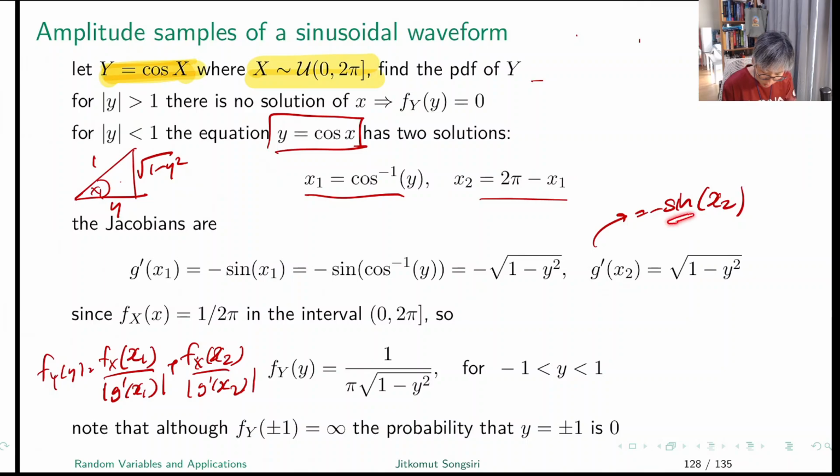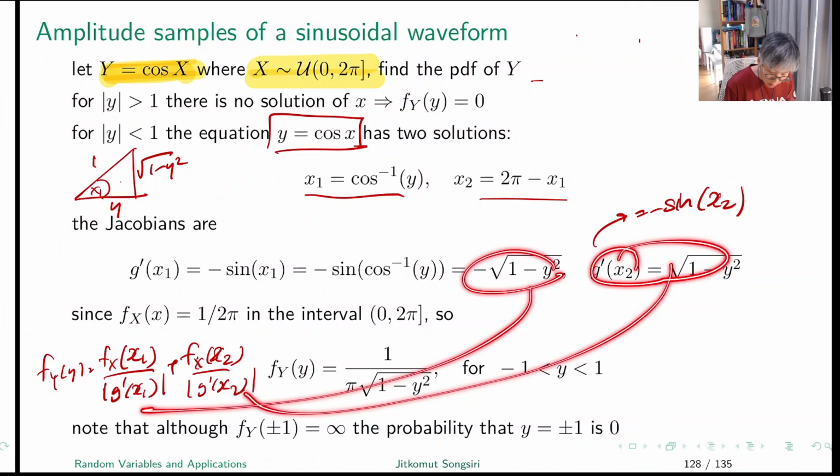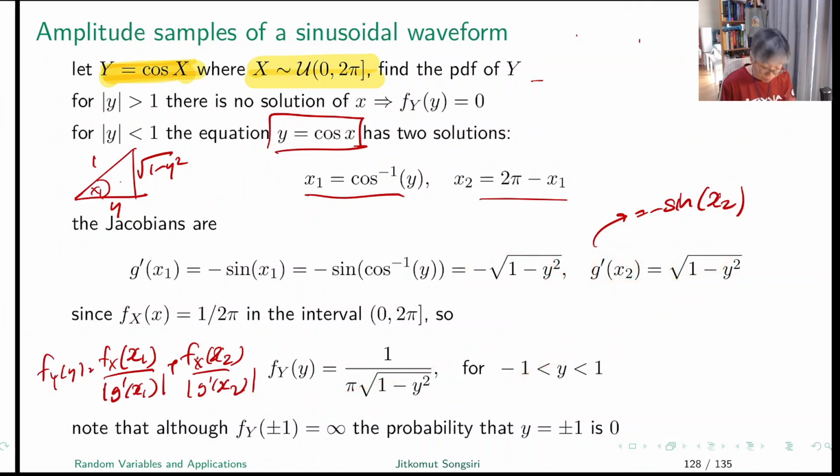You take the sine of the angle 2 pi minus x1. So the result is the square root of 1 minus y squared.